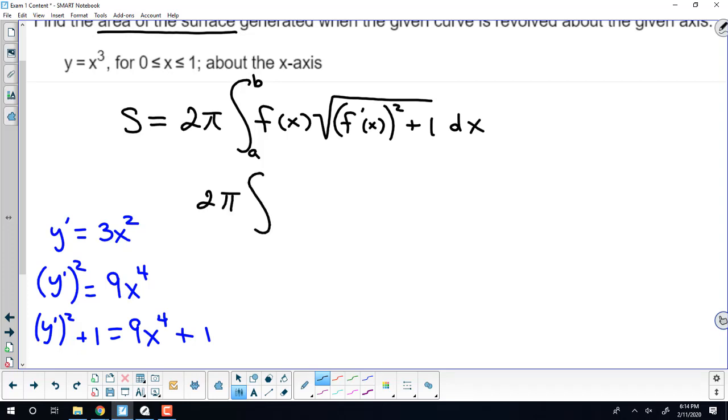The integral from 0 to 1 is given: function times the square root of this stuff.